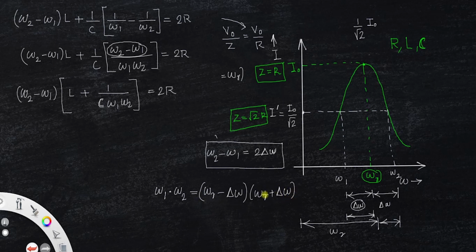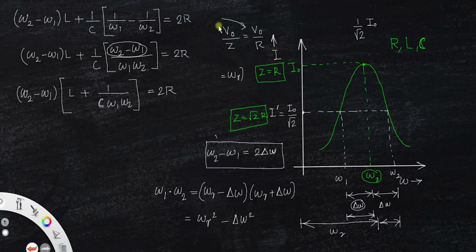We have written that before. This is of the form a minus b into a plus b, so that will give omega r square minus delta omega square.